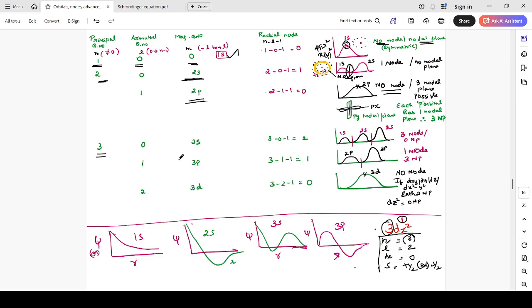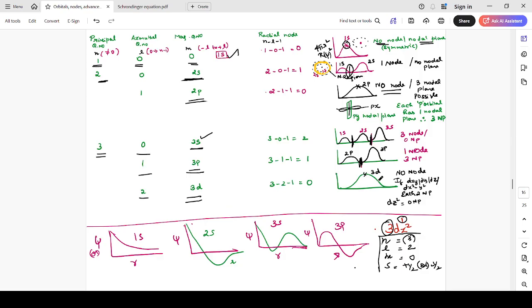When I say n is equal to 3, I have three possibilities, l equal to 0, 1, and 2: 3s, 3p, 3d. For 3s, I have nodes between 1s, 2s, and 3s. For 3p, I have a node between 2p and 3p.